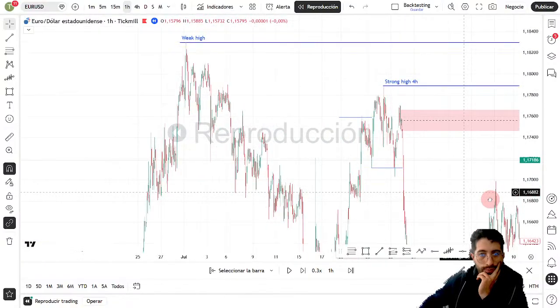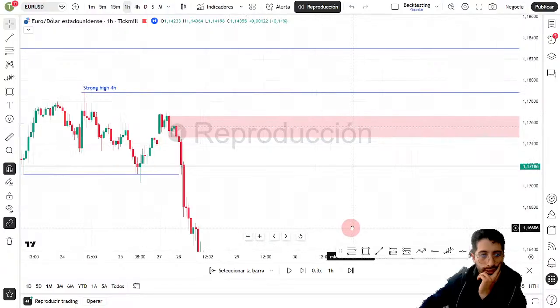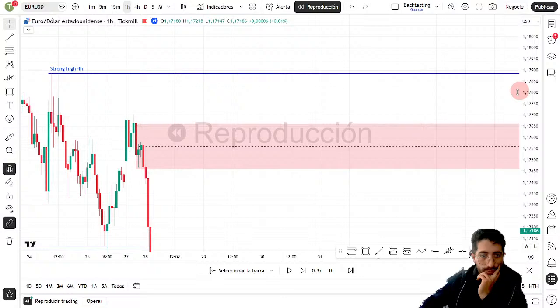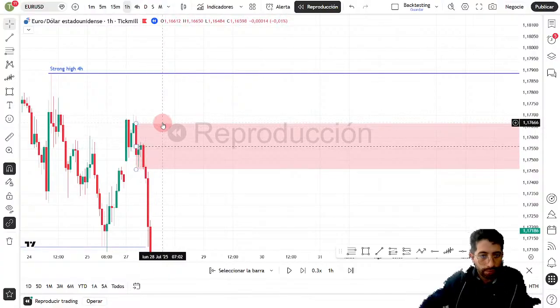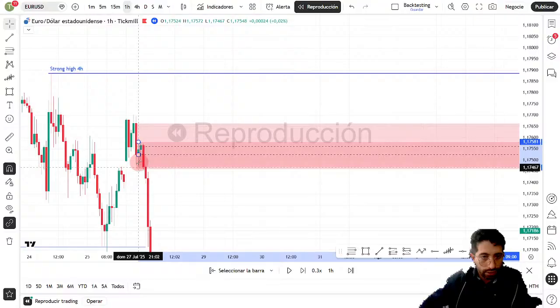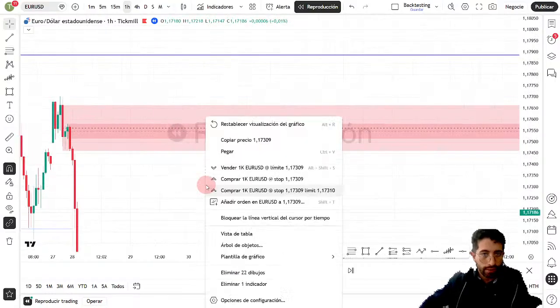And if we zoom in on this order block, we can see that we have a 1 hour order block right here, in the middle. So what is the reason for this refinement? It's because you needed to understand if this reaction allows you to enter the market or not, right?